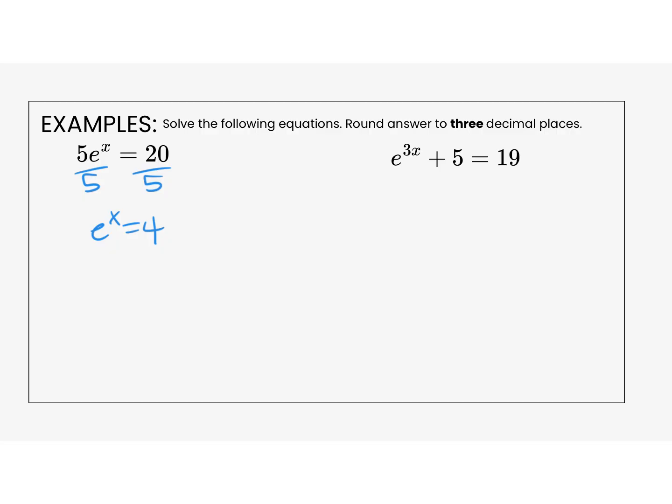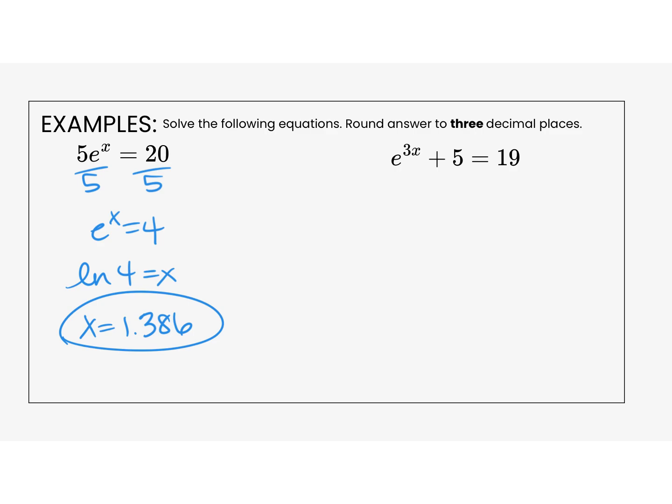And again, I'm writing log base e of 4 equals x, so I'm just going to write the natural log of 4 equals x, because I don't have to write log base e, I can just write natural log, and then I can just evaluate that on my calculator. So where you see the log button, you should see right next to it an LN button, and so you're just going to hit that button, enter, and that should give you 1.386. Again, if you're following along, I would strongly suggest also doing this on your calculator so that you know that you're doing it correctly.